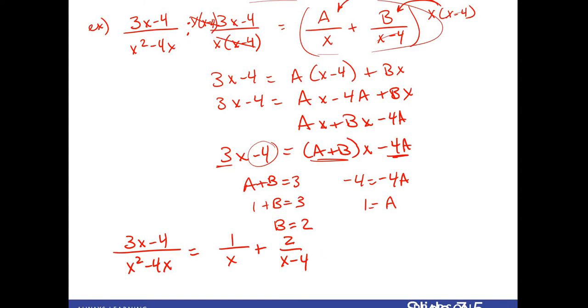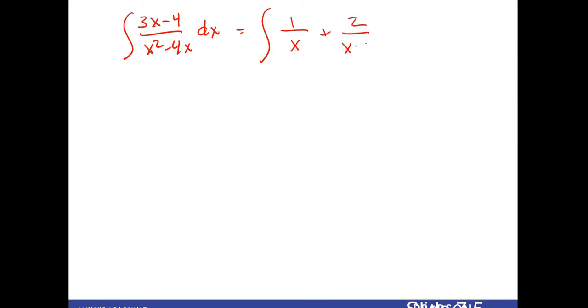So let's take a look and see what this does for us. If you were being asked to integrate 3x minus 4 over x squared minus 4x dx, if the derivative of my denominator was the numerator, I could use u substitution, but I can't. So if I separate and create partial fractions, and go back to my 1 over x plus 2 over x minus 4.